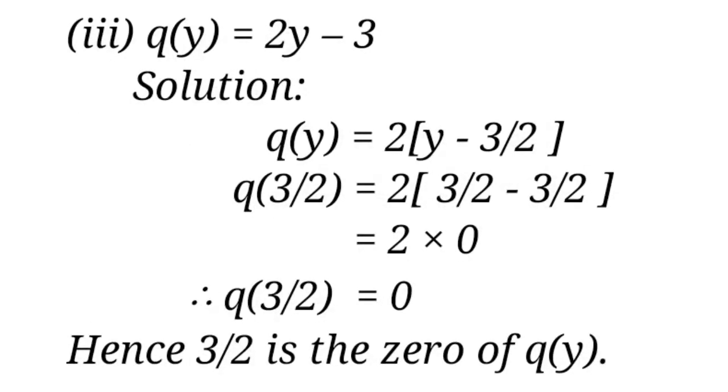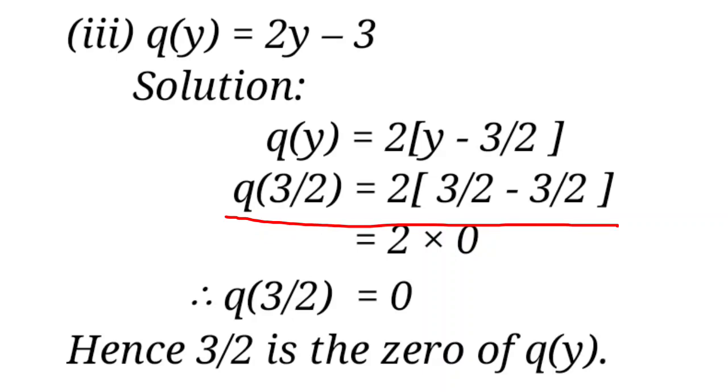Third subdivision, q of y is equal to 2y minus 3. Solution, q of y is equal to 2y minus 3. Here also taking 2 as common, then q of y is equal to 2 into y minus 3 divided by 2. Let us take y is equal to 3 by 2.